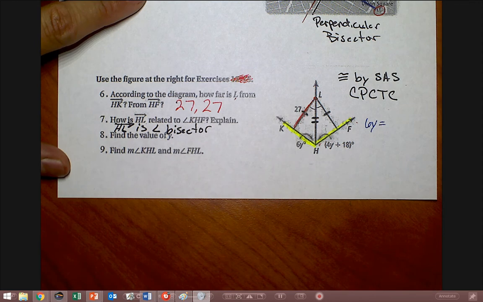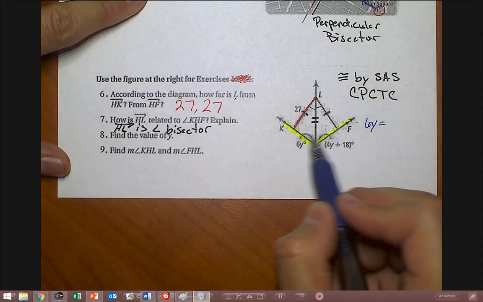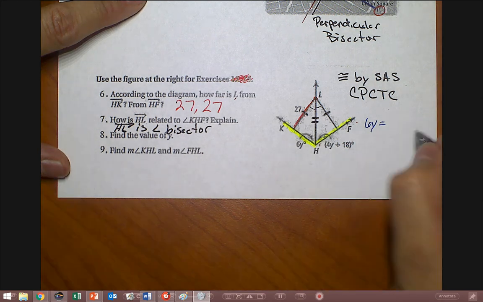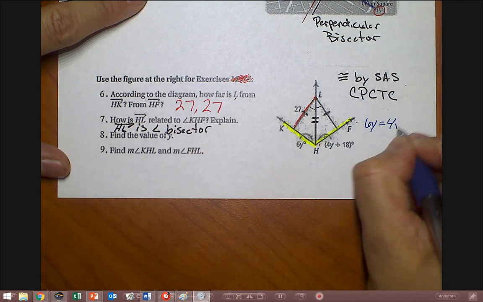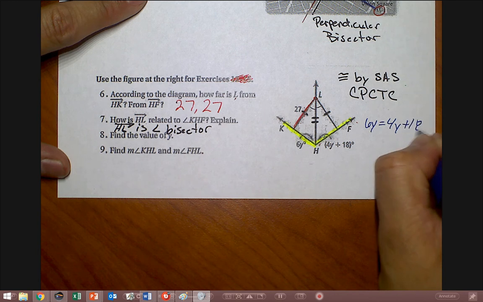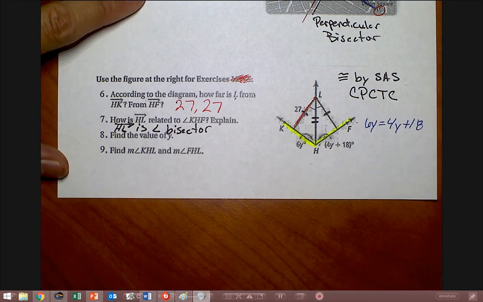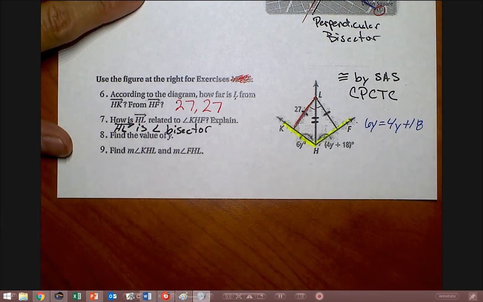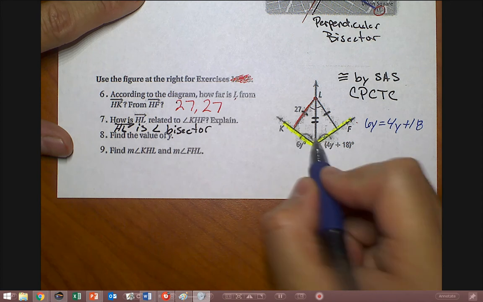Why are they equal to each other? Because they are congruent corresponding parts, right? Yes, very good. And the little circle on 6y isn't an exponent; that's just the degree symbol. It's talking about the angle in degrees.